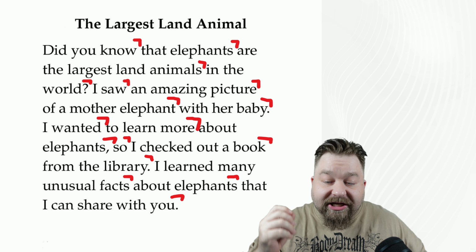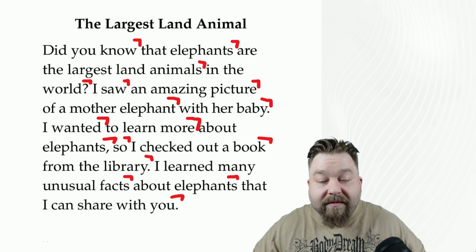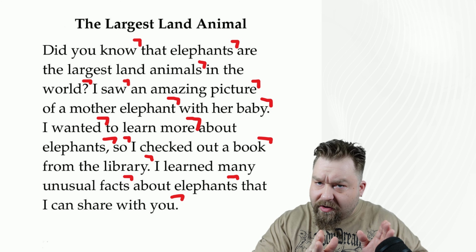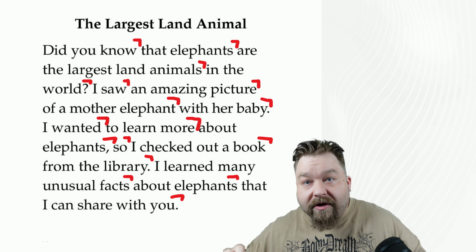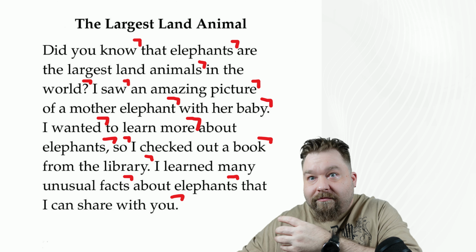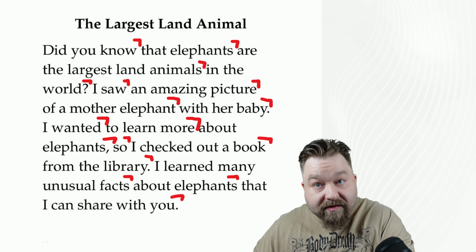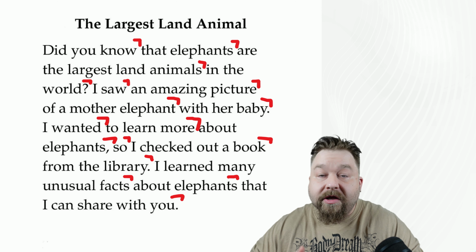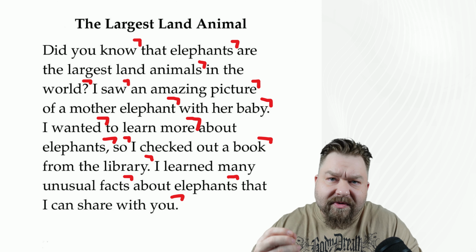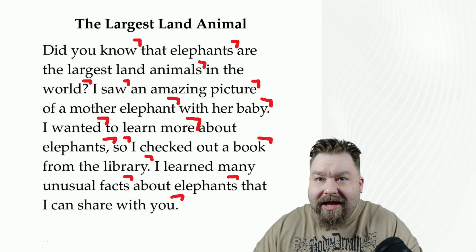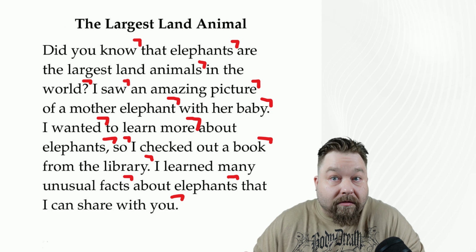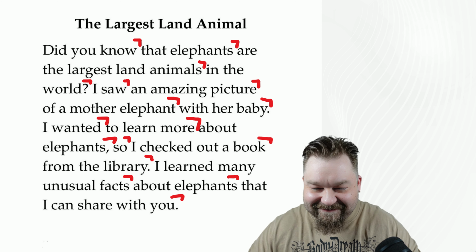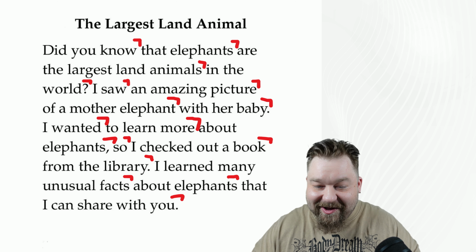So I checked out a book from the library. Do you see that? So I checked out a book. So something happened. Okay? So what? Something happened. So remember that when we have so, and, or but, or. Yeah. Okay, let's try that one more time.